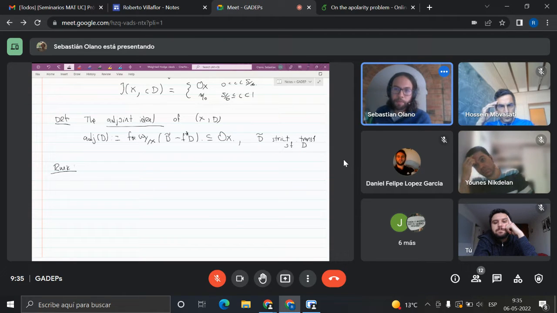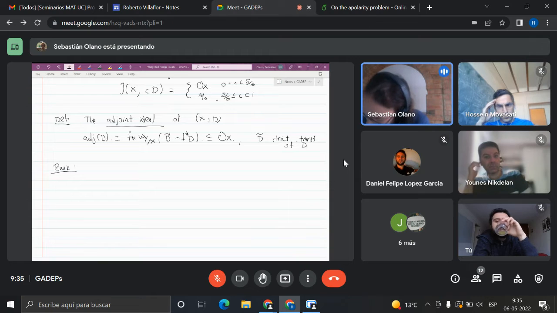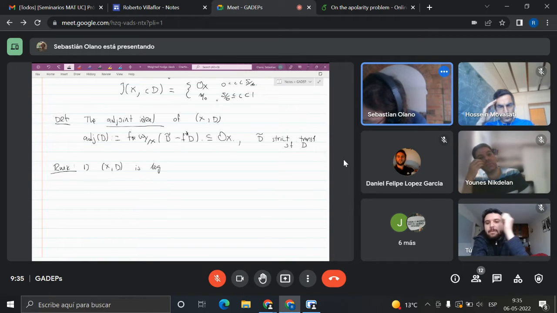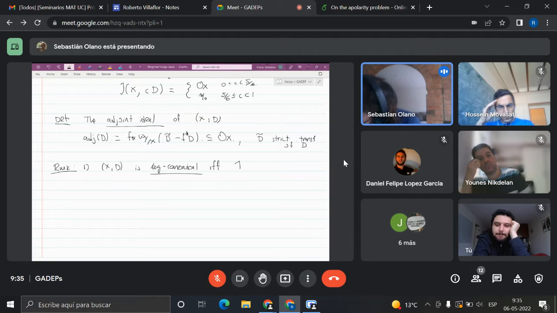D tilde is a smooth variety, and if you restrict to D tilde, this is a resolution of singularities of D. First, the pair is log canonical if and only if this multiplier ideal, for (1 - epsilon)D, is trivial, where epsilon is a small number.